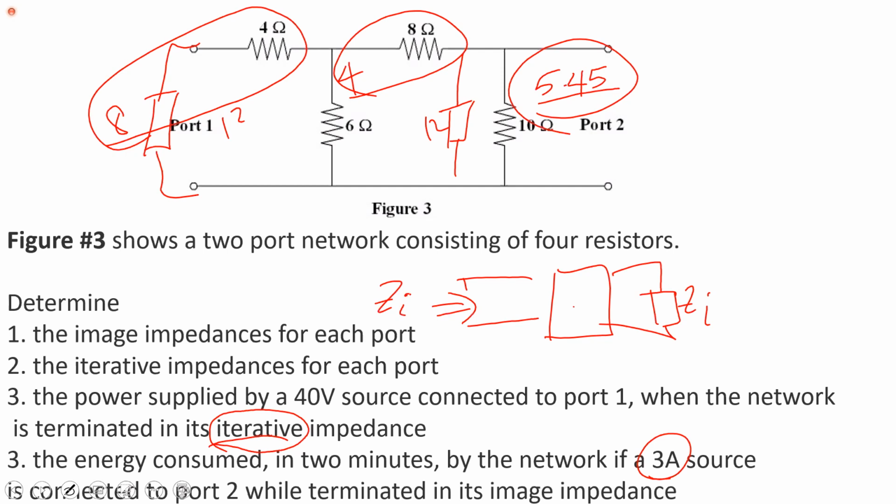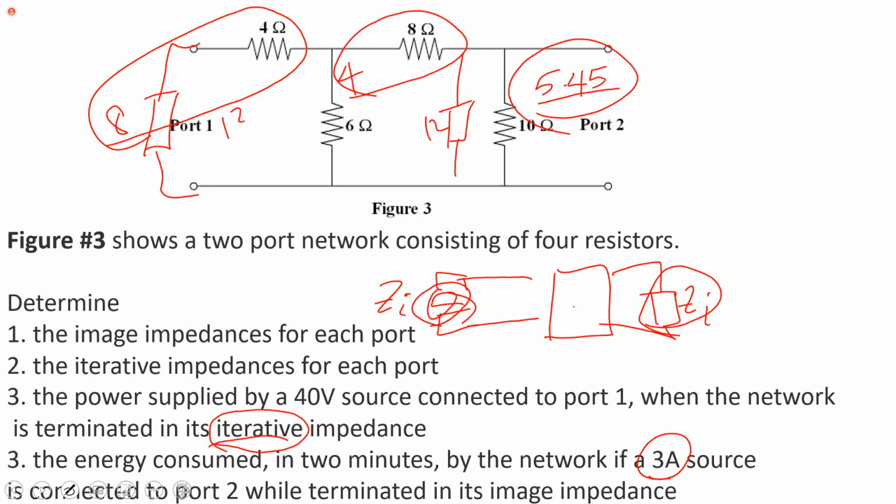That's the definition. You with me? Yes, sir. So if it is terminated in its iterative impedance, and then I put a source here, that source would only be seeing this impedance.